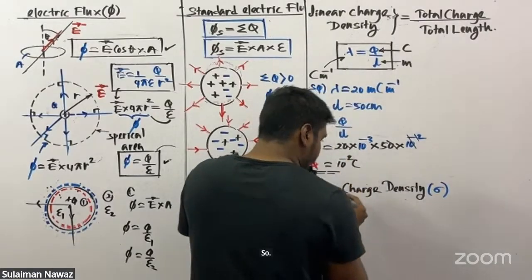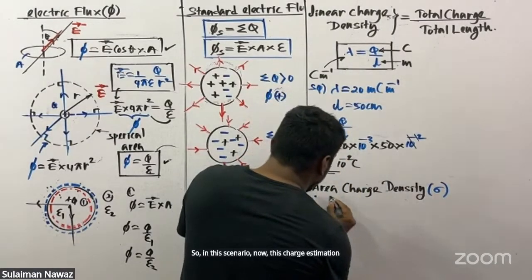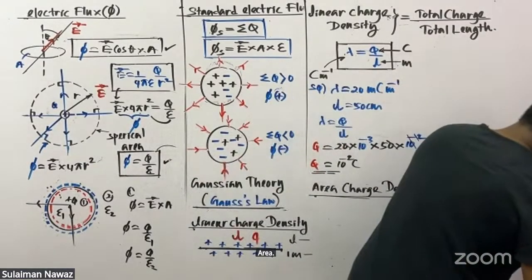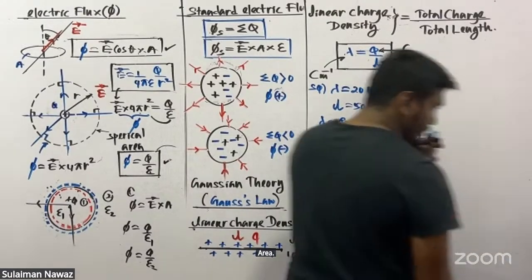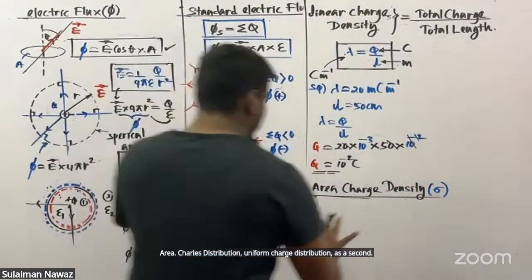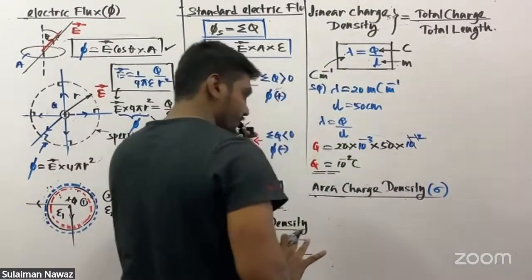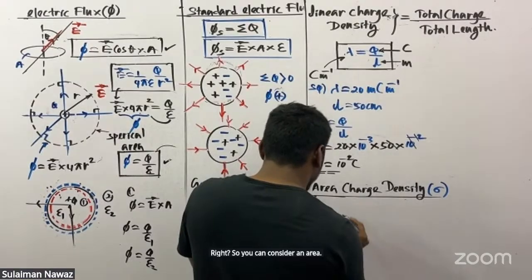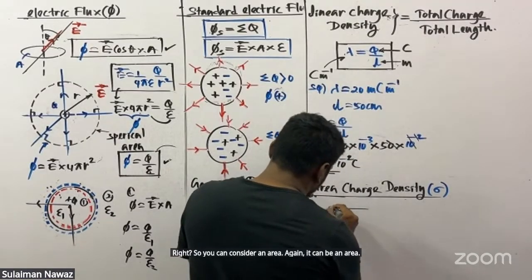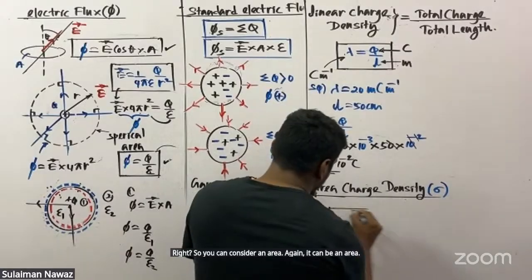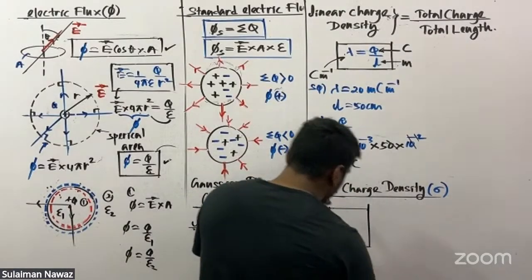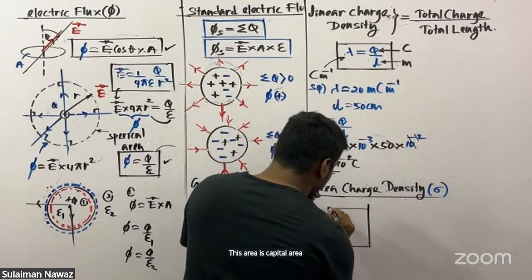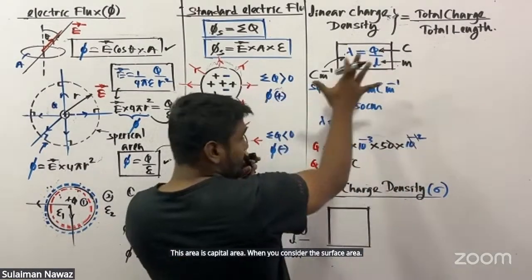In this scenario, a uniform charge distribution has happened along an area. Consider surface area, just consider the whiteboard surface.